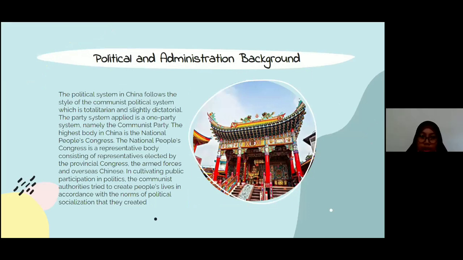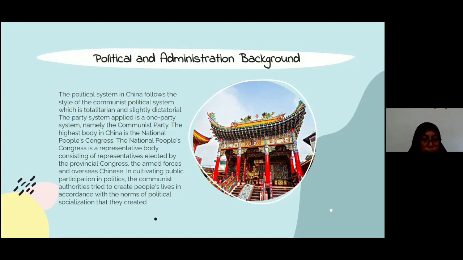And this is still also the administrative background of China, which in China, the political system follows the style of communist political system, which is totalitarian and slightly dictatorial. The party system applied is one party system, namely Communist Party. The highest body in China is the National People's Congress.